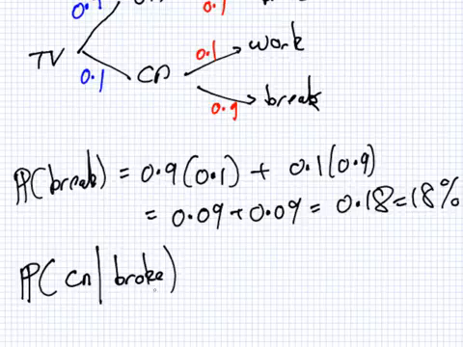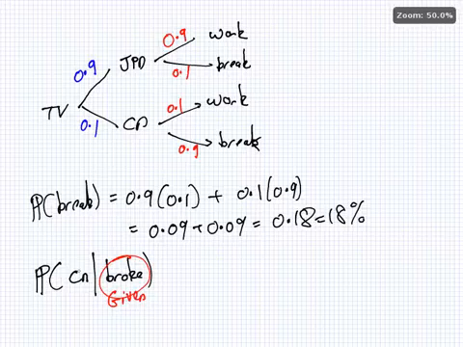I want to know what's the probability it came from China. So this here is given. You know it broke. No question about it. This is a little bit more difficult, but I want to see if you can do it before I do it. So try it.